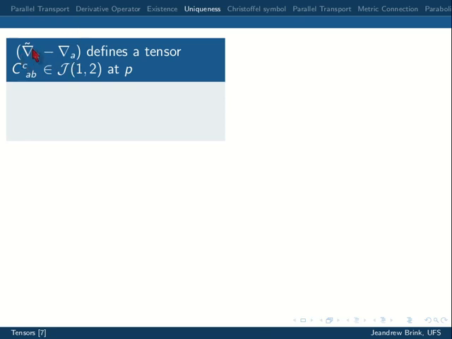Okay, so this change in two derivative operators basically defines a 1-2 tensor at a specific point. So once again, we're not moving off of the point. We're defining this tensor at a specific point.